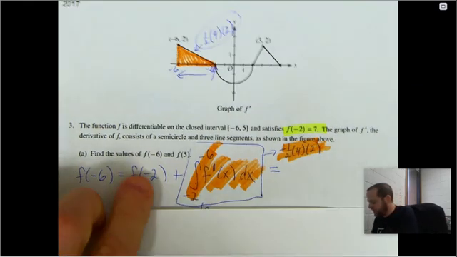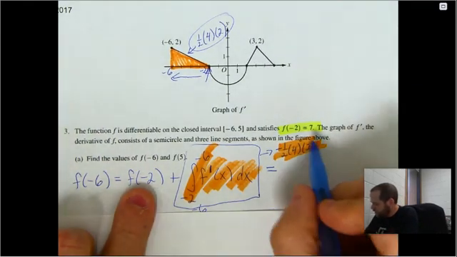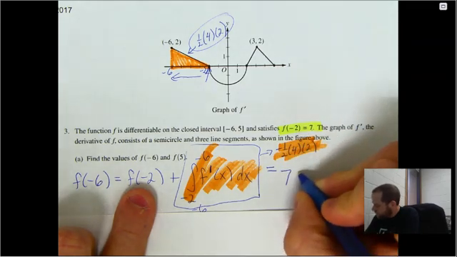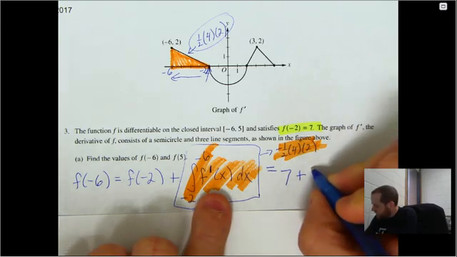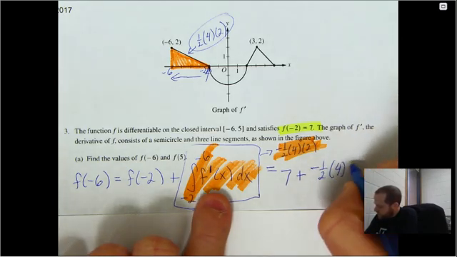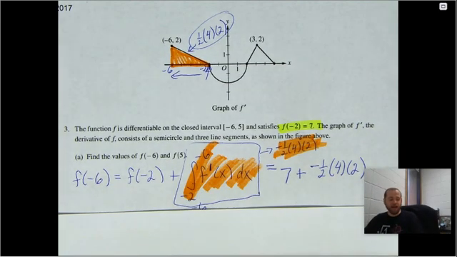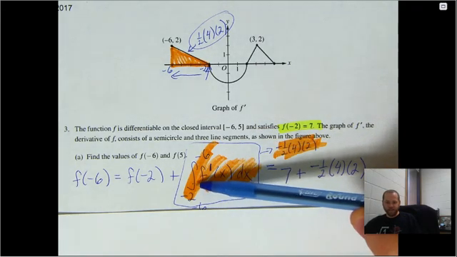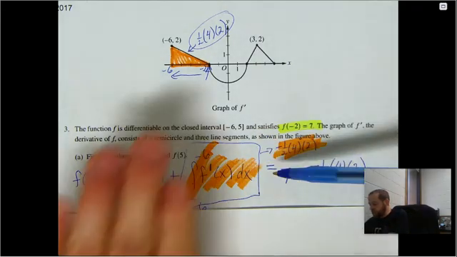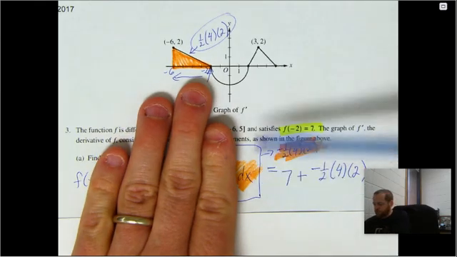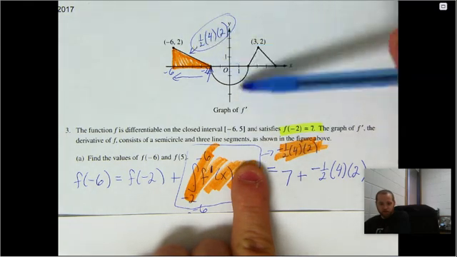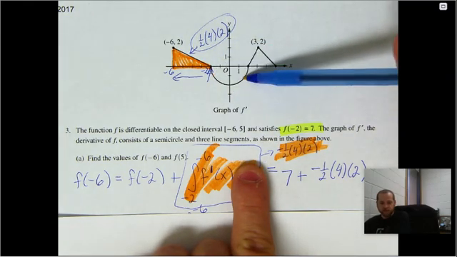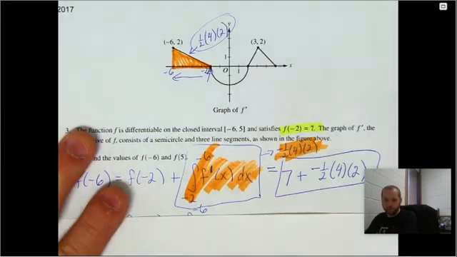And so to find this one, f of -2 was 7 plus this area, which was the opposite of that triangle area. Okay? Keep in mind that there are two things that can make an area with an integral negative. It's either the x's are negative because we're going backwards, or the y values are negative because we're below the x-axis. So that's all you have to do on that one.